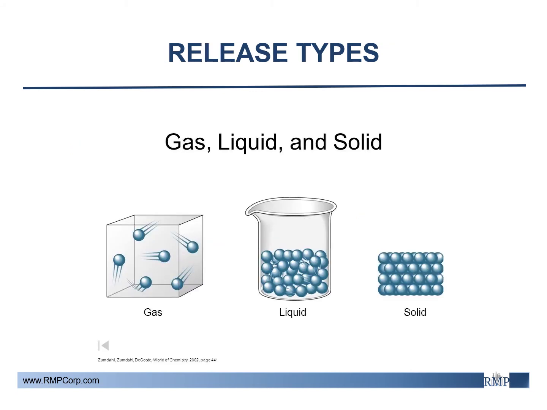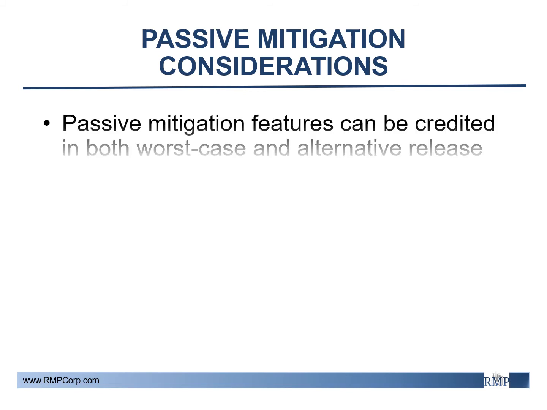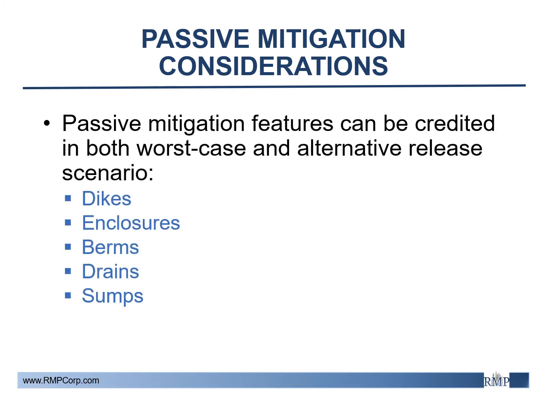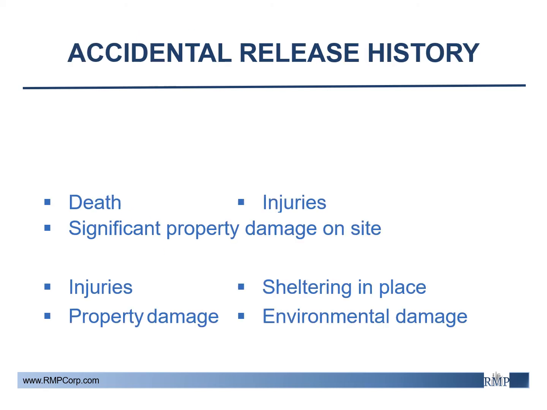The types of releases that we have are typically gas, liquid, and solid. The passive mitigations that are accounted for in each case are dikes, enclosures, berms, drains, and sumps. These are considered passive mitigations because they don't have to be activated in the case of an emergency.